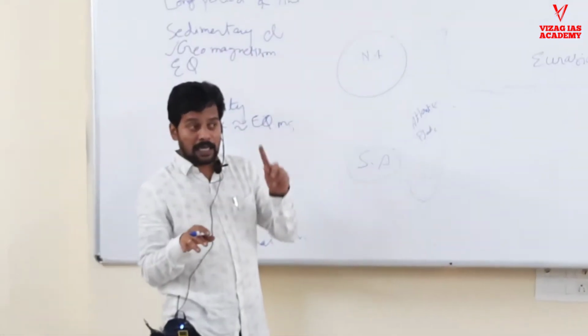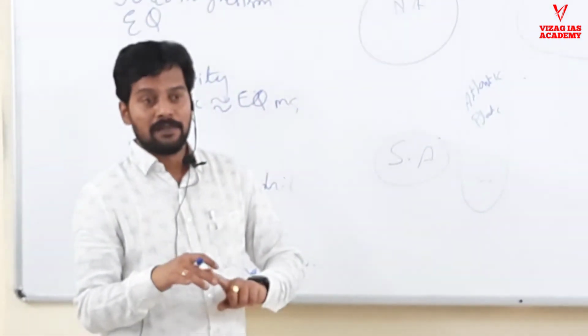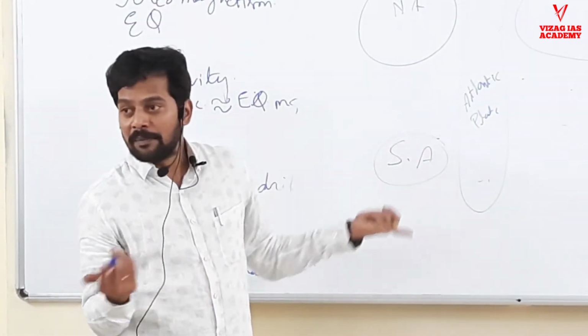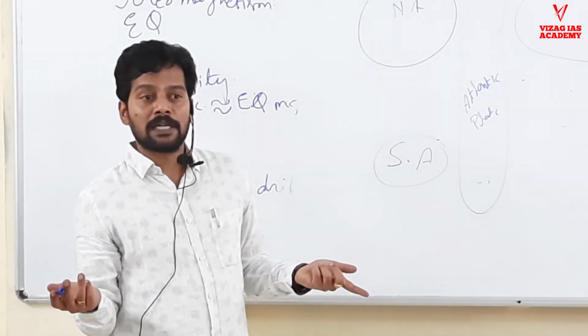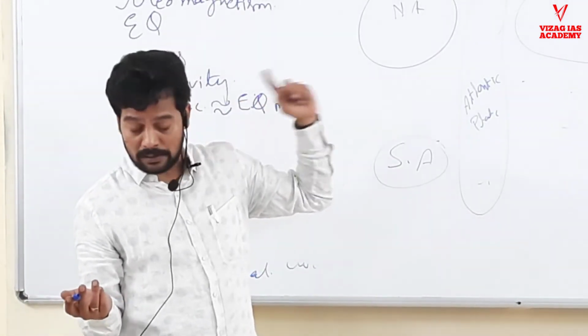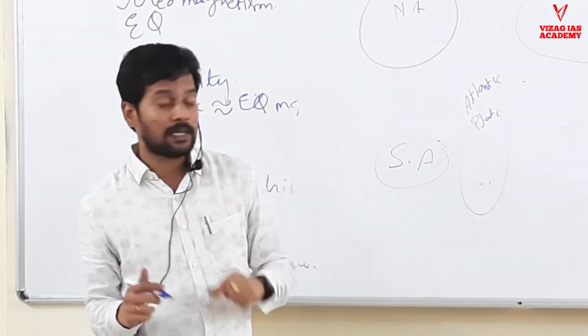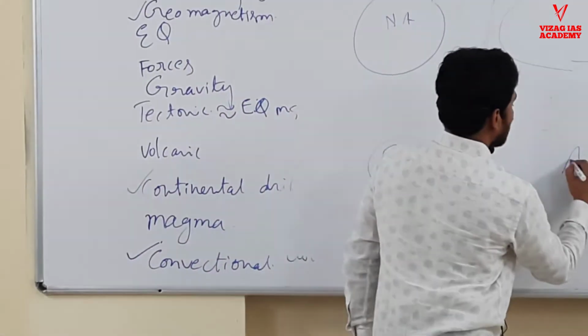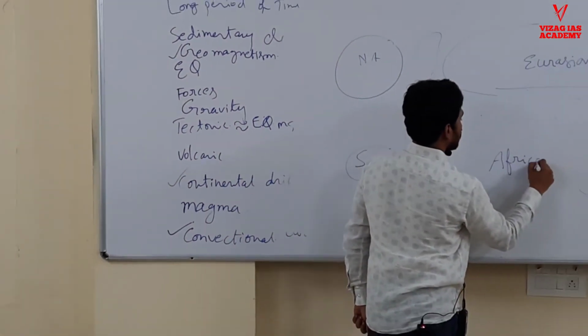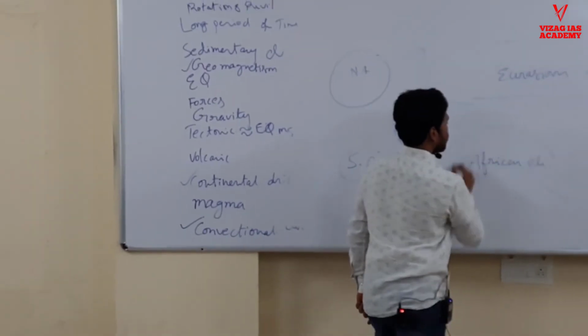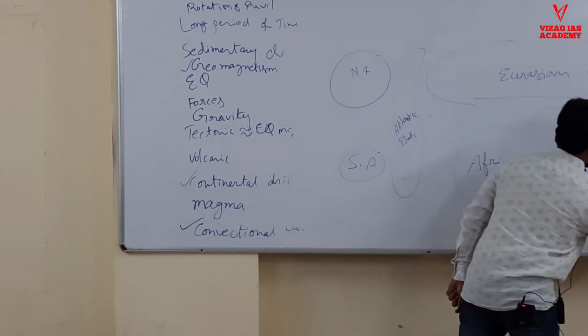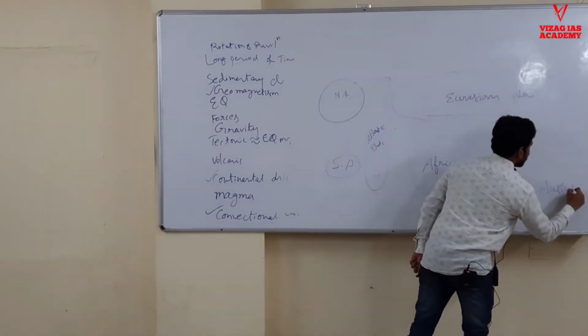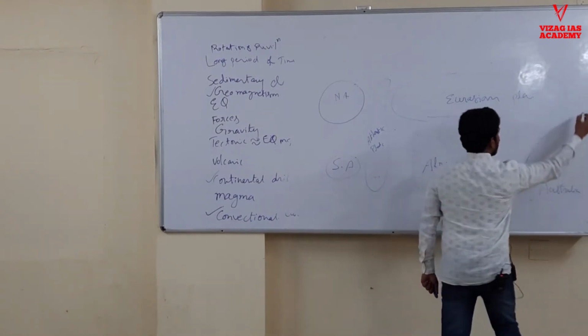Lithosphere is nothing but crust plus upper mantle. Oceans, how much depth will be there? Not more than 2-3 kilometers, but they are of 100 kilometers width. Okay. African plate, Australian plate, Pacific plate.